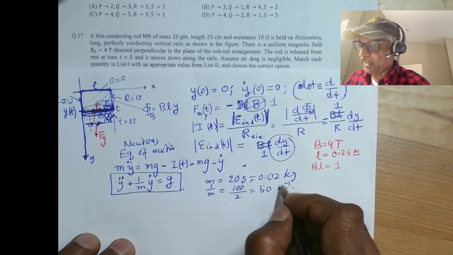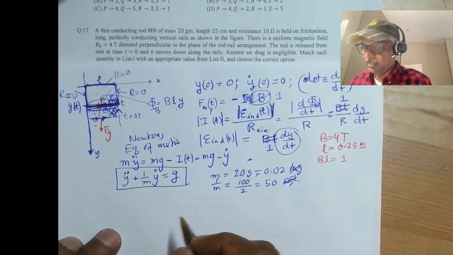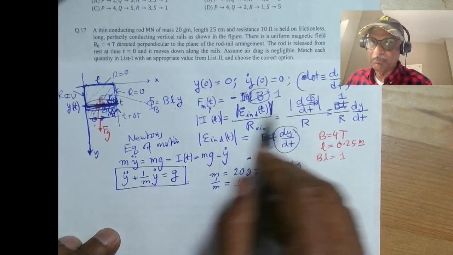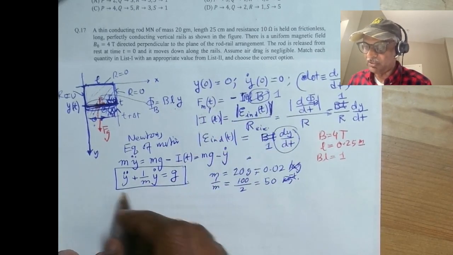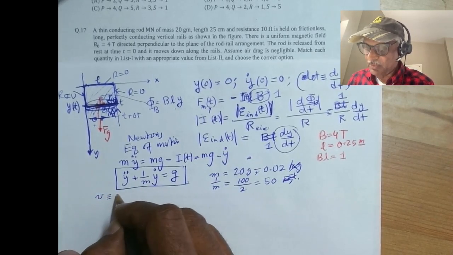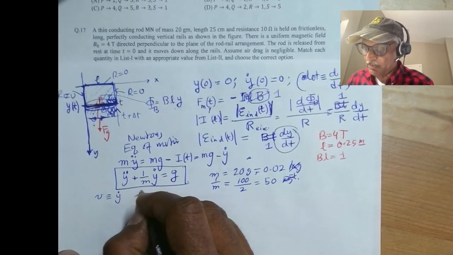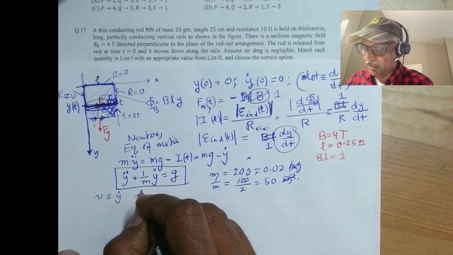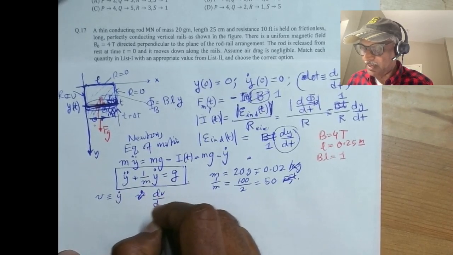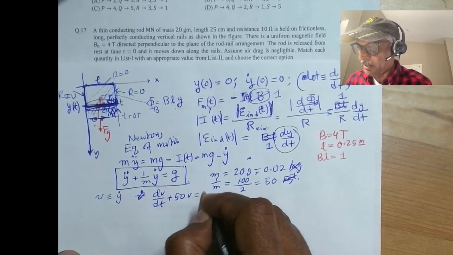I don't want to carry units, because in the end all the units will work out, since I already divided by BL. So let's denote V for y dot. Then this equation is simply dV dt plus 50V equals 10.